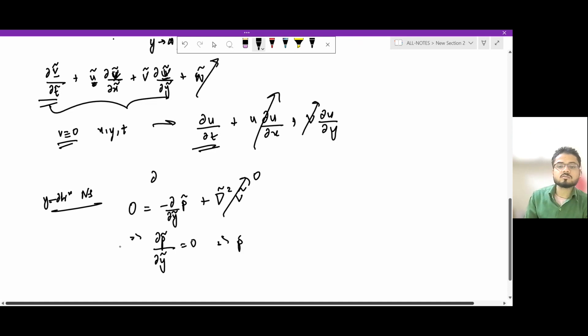This implies that p tilde is a strict function of x and t tilde.